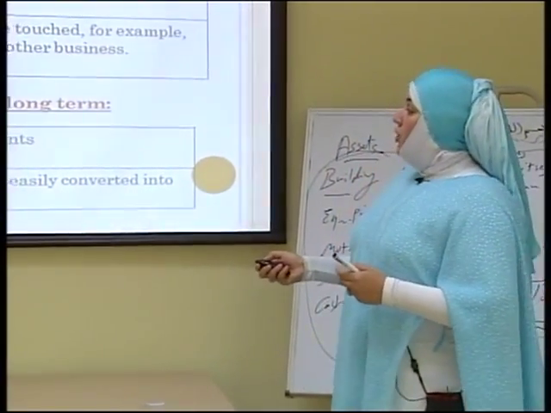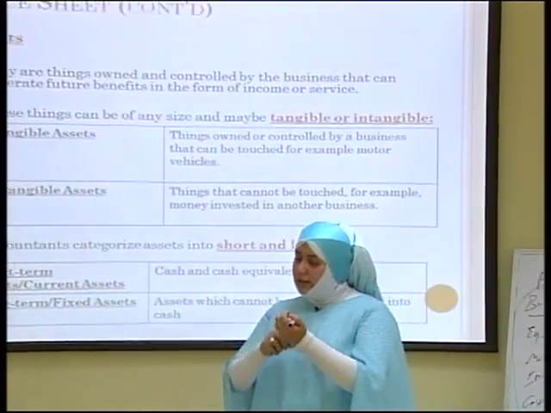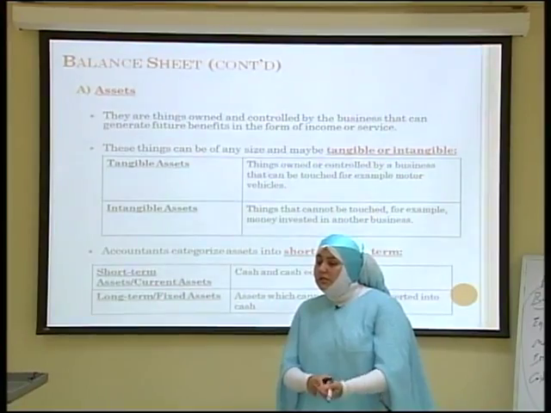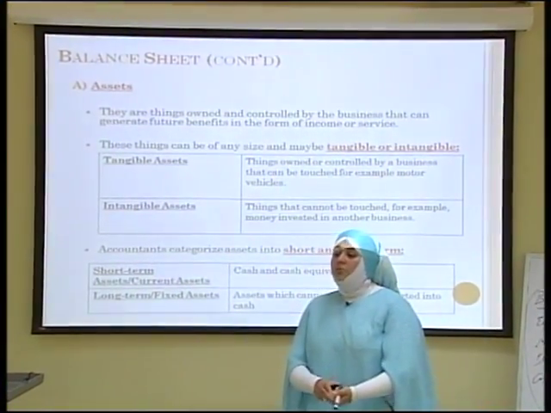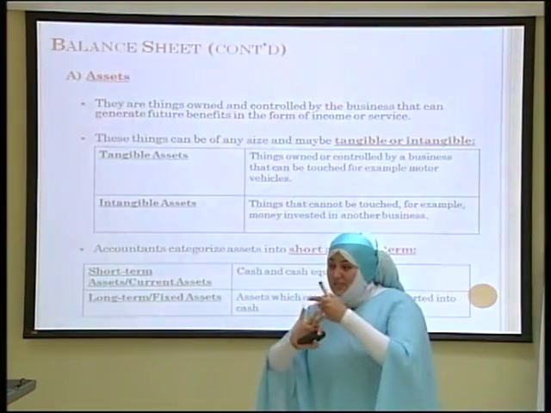Short-term assets, or current assets as we call them, are cash and cash equivalents, trade receivable, and inventory. By the way, trade receivable is also called accounts receivable and debtors. They're the same.